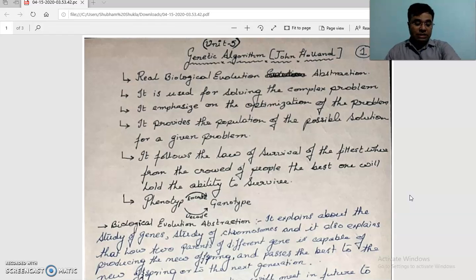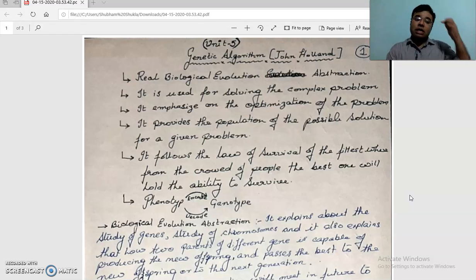And on this point itself, our genetic algorithm is eventually based upon this particular topic, that when we use genetic algorithm in the field of AI and machine learning, we have already discussed that we are having multiple solutions, but amongst those solutions we need to find out the best possible solution.